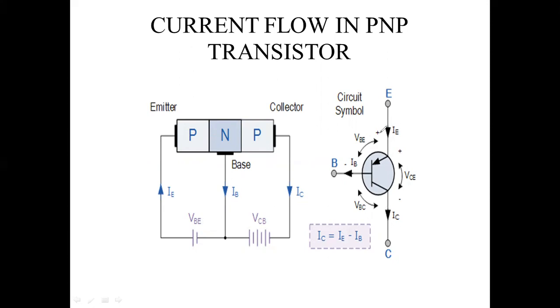So when positive supply is given to the emitter, the current will go through the direction towards the base, but at the base the current should go away, that is minus IB. The current direction of the base is minus IB we have to give here now. And again IC is the same towards the collector side.